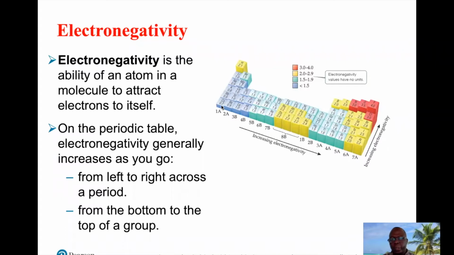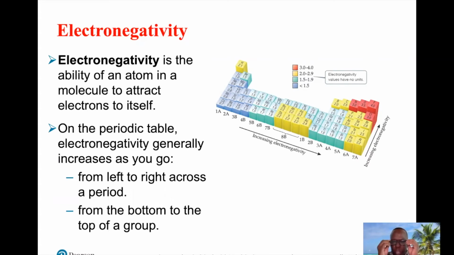What I want you to remember here, take home, is the trend on the periodic table. Moving from left to right, it increases. Moving from top to the bottom of the group, it decreases. If you are going up, of course, it will increase. If you are going down, it will decrease.